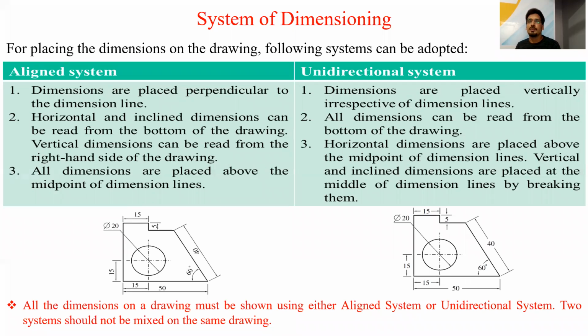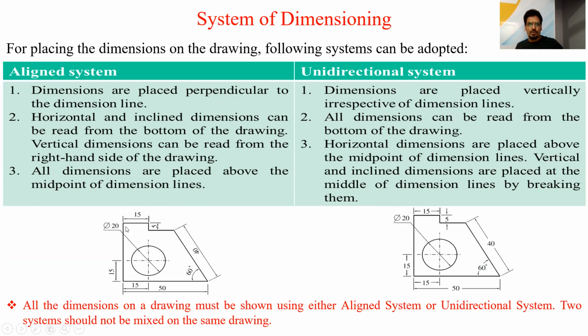Next, system of dimensioning. So according to the Bureau of Indian Standard, we have 2 systems of dimensioning. First one is the aligned system and second one is the unidirectional system. So let us compare both the systems. First point is dimensions are placed perpendicular to the dimension line.